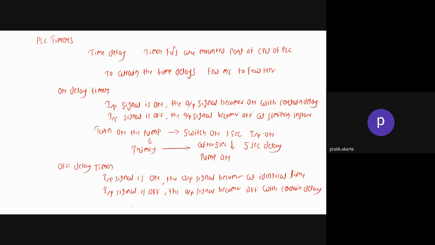For example, you turn on the engine. This is the output required. So what is the input for that? You push the start button switch. When you push the start button, immediately your engine is turned on.